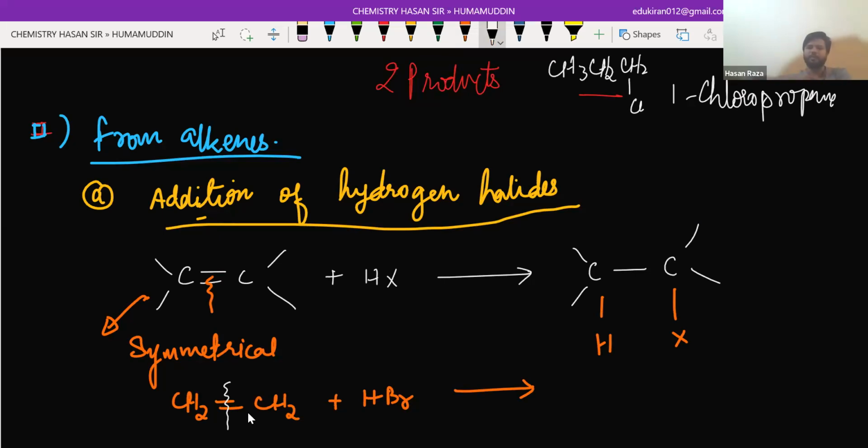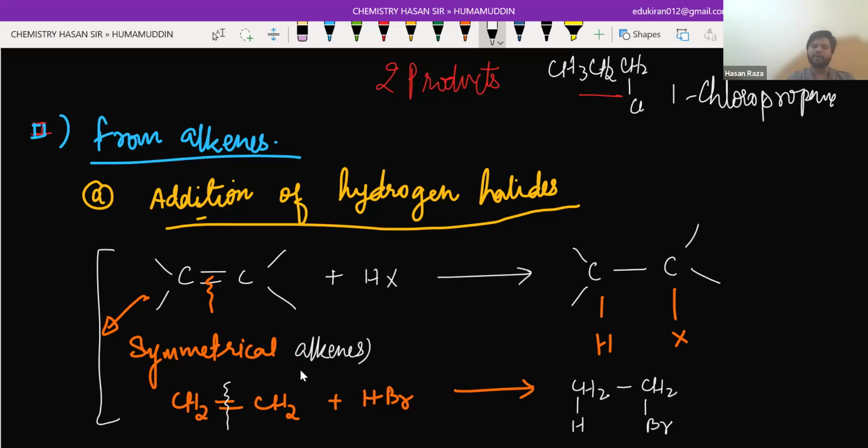Basically, they are equal, so this is symmetrical. In a symmetrical alkene, whether you add hydrogen to the left or right, it won't matter. Both are the same. But in an asymmetrical alkene, it will be affected. So this is the first part for symmetrical alkenes. First, write it.